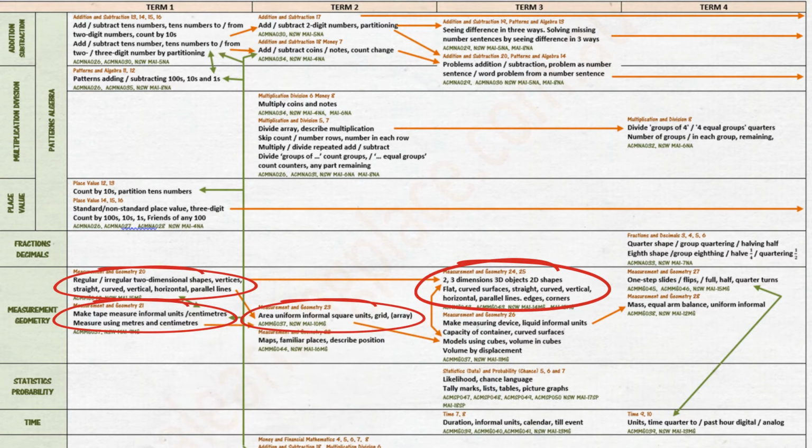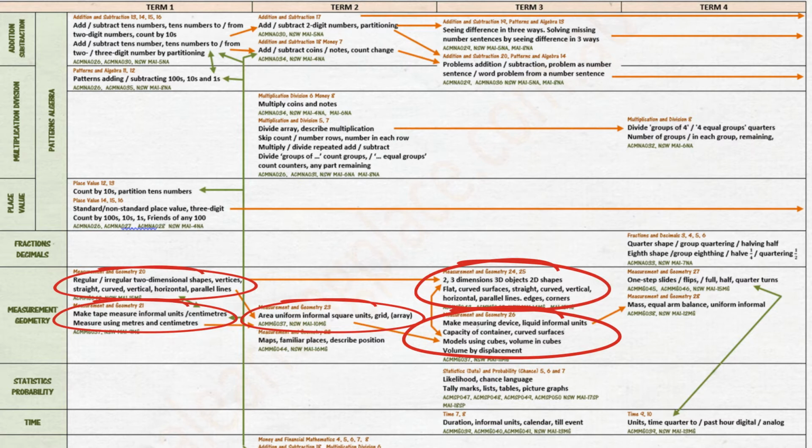They measure two dimensions as area using informal square units in an array. They measure three dimensions as volume and capacity. Using cubes, they measure the volume and capacity of three-dimensional objects with flat surfaces and sides.